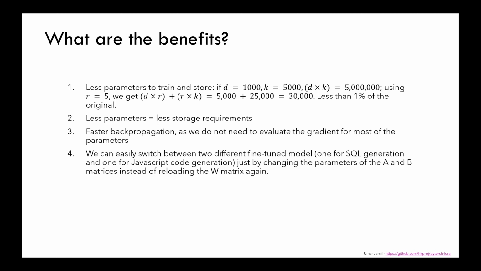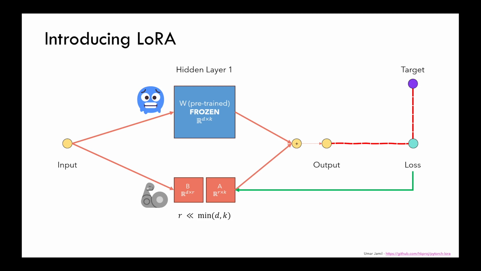And we can easily switch between two fine-tuned models, because, for example, imagine we have two different models, one for SQL and one for generating JavaScript code. We only need to reload these two matrices if we want to switch between them. We don't need to reload the W matrix because it was never touched, so it's still the same as the original pre-trained model.